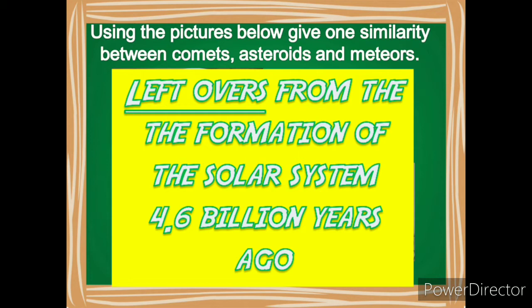These are the remnants, the things that have not been able to form as a planet. So these are the things that haven't succeeded in forming into a planet, so they remain just the way they are today.